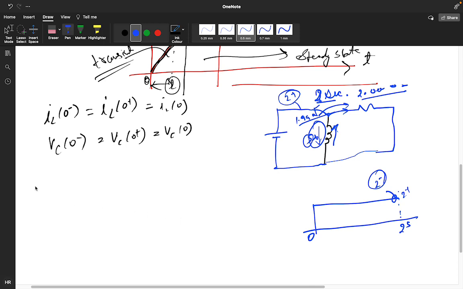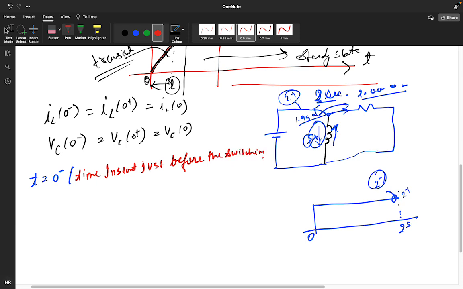At t equals 0 minus, what is the meaning? Time instant just before the switching operation. And what is t equals 0 plus?